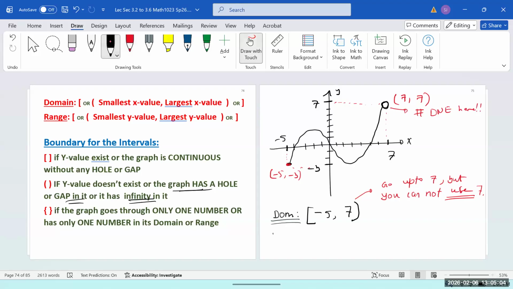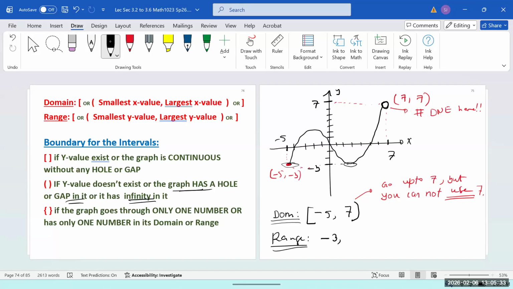Okay, now range. Range is the y's. So if you look at the y-axis, what is the smallest y value you see in your graph? -3, perfect. And at -3, do you see any hole anywhere? For -3, we have a part here and we have a part here.